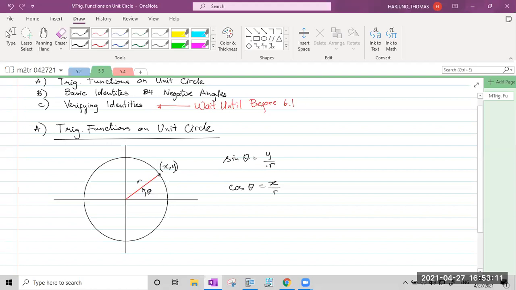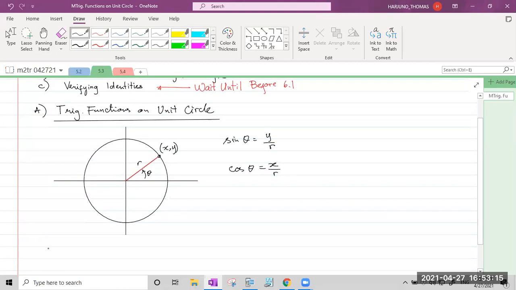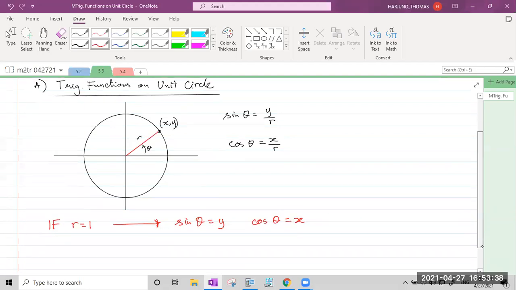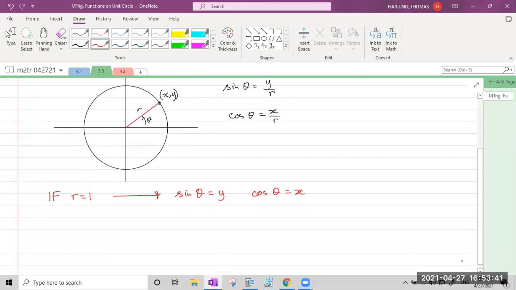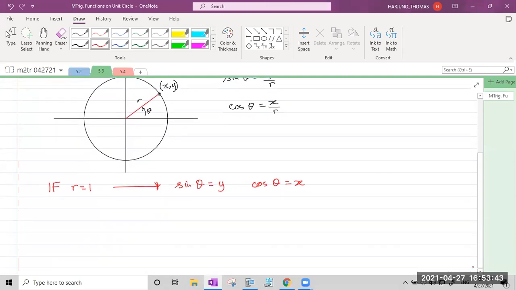Now, suppose I change that r so the radius equals 1. If the radius equals 1, then sine theta will be y over 1, or simply y. Cosine theta will be x over 1, or simply x. So the situation now changes as follows.